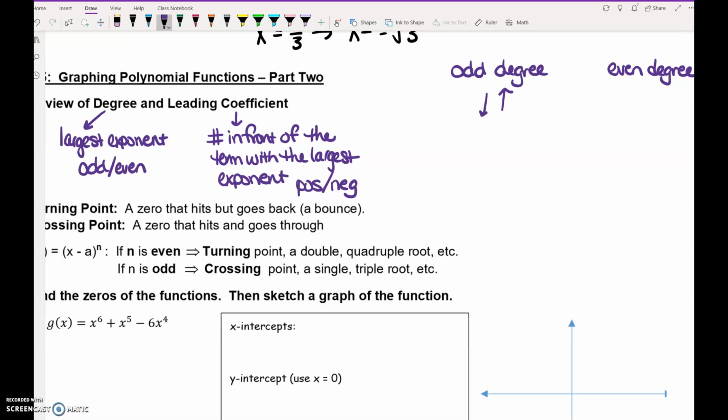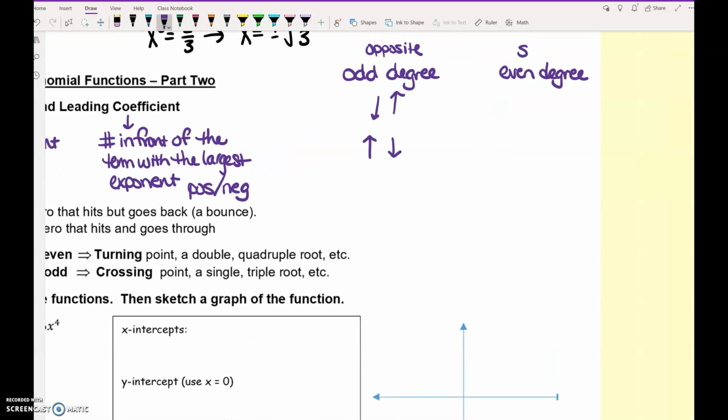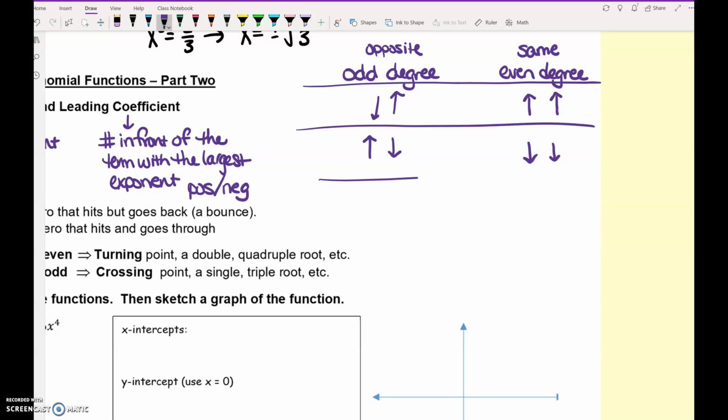So the left side down, the right side up, or the left side up, the right side down. You might remember: odd opposite. With an even degree, we said even same. So the ends either both point up or both point down. I can make this into a fancy little table here.